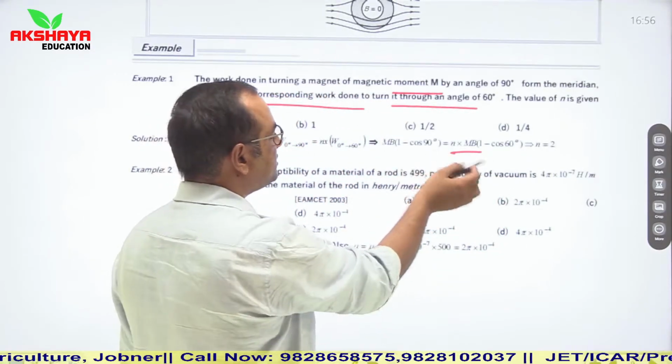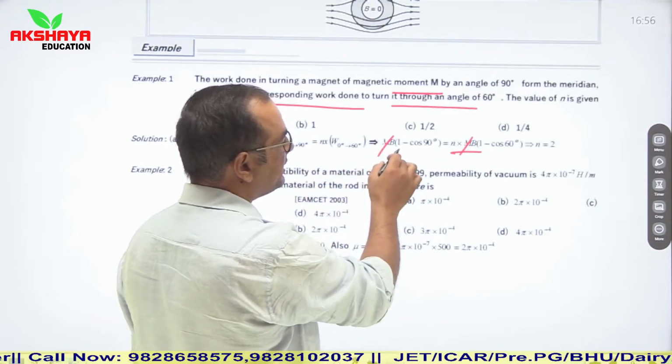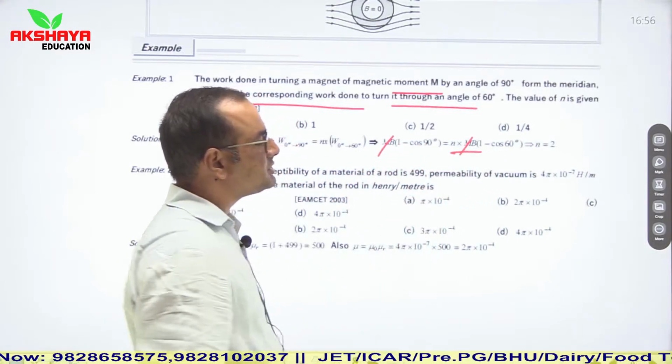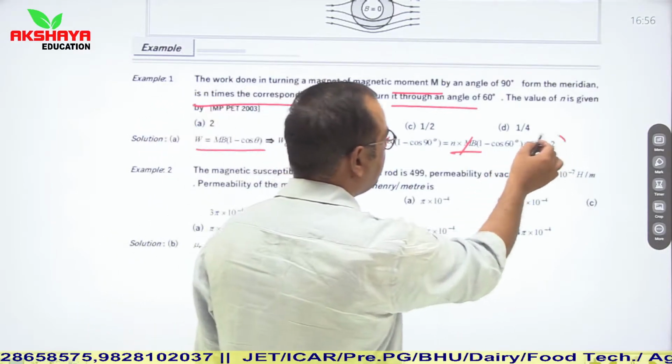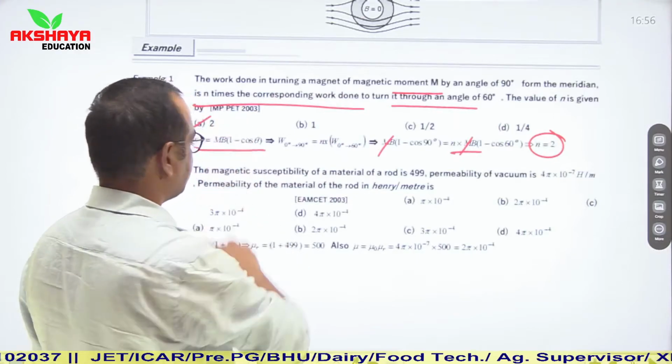By comparing these relations, mB is cancelled out on both sides. Here cos 90 becomes 0, so it is 1, and cos 60 is 1 by 2. So the value of n can be calculated as equal to 2. So our option A is correct.